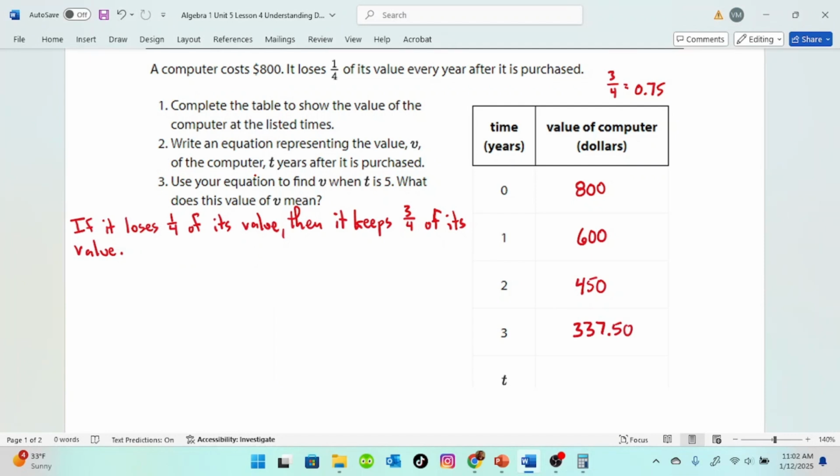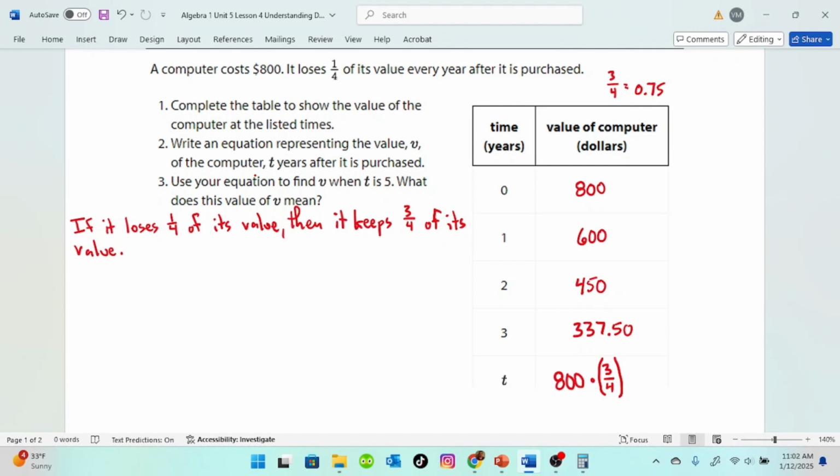Now, the last one says, what if we don't know the number of years? So, in order to do that, we would be starting with the $800 purchase price. We would multiply that by the 3/4 of its value that it maintained each year, because it was losing 1/4 of its value.